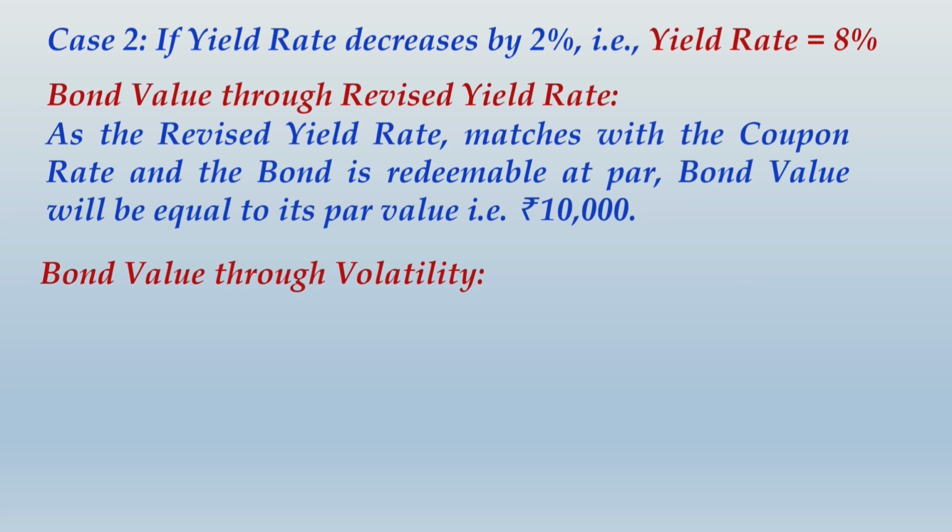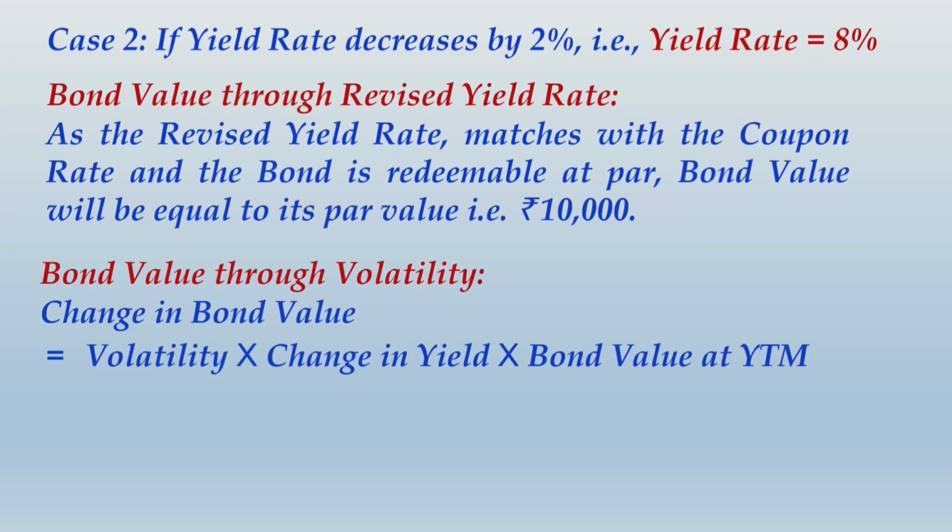Now if we compute the revised bond value through volatility, the change in bond value will be volatility into change in yield into bond value at YTM. When you make this calculation, it will be 3.8922 into 2% into 9241.84, and what you get is 719.42.